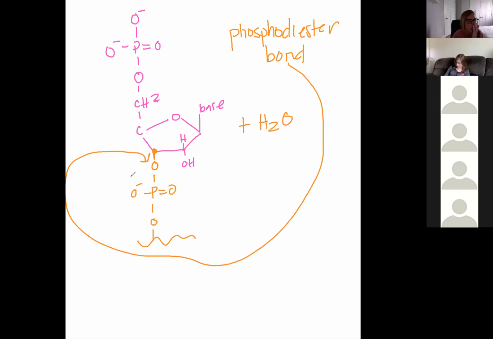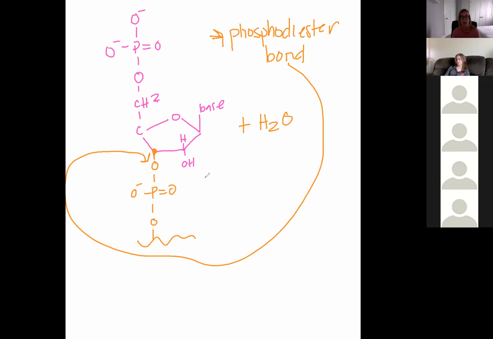When we draw this for the lab, are we supposed to draw triphosphate, or do we not have to draw out those 3 phosphates? I would literally just draw it like what I drew here. Just a simple phosphate, because you know it's annoying to draw all those out. You just need to indicate that that's what's happening. It's between a phosphate group and the location of the OH on the sugar, and that's where that other phosphate will attach.